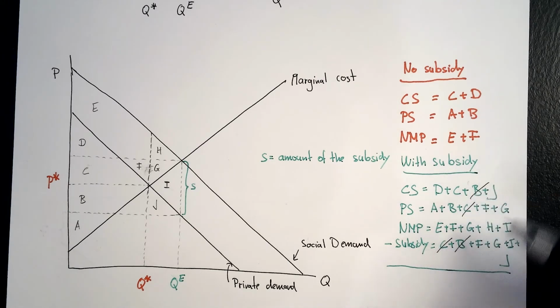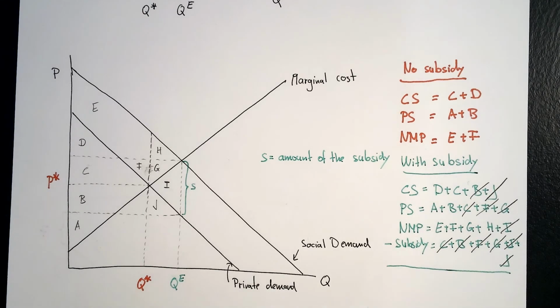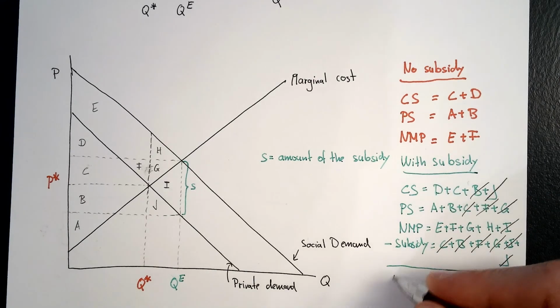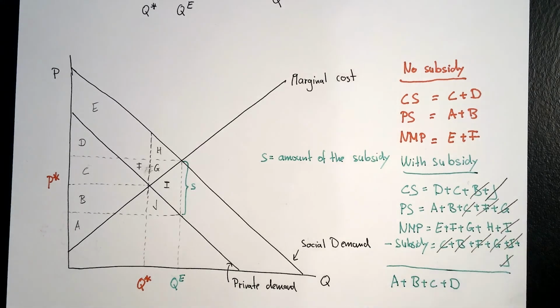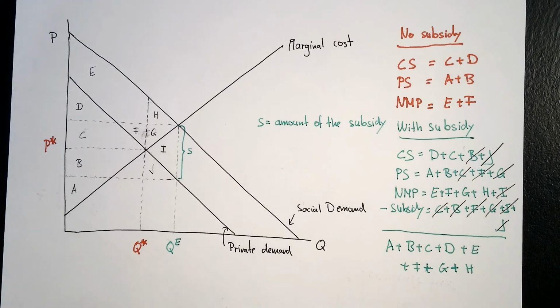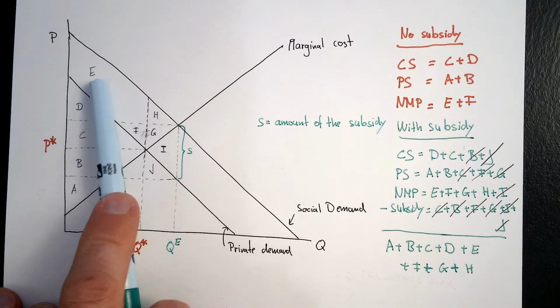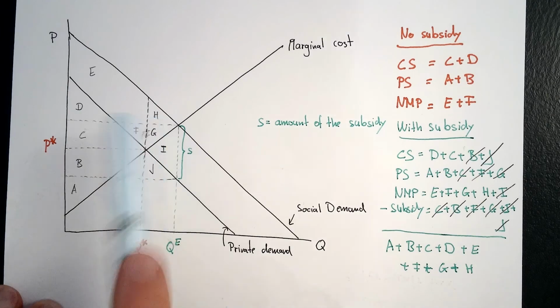We have a B, the F, the G, the I, and the J. And so what we are left with is A plus B plus C plus D, plus E plus F plus G plus H. So when you look at this in the graph, you have A, B, C, D, E, and then F, G, and H.